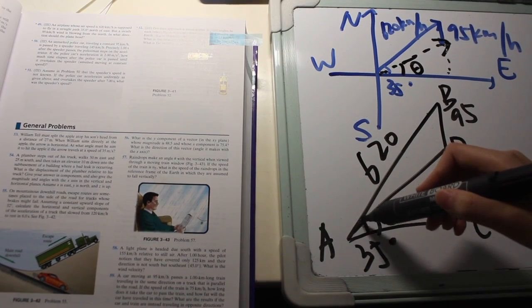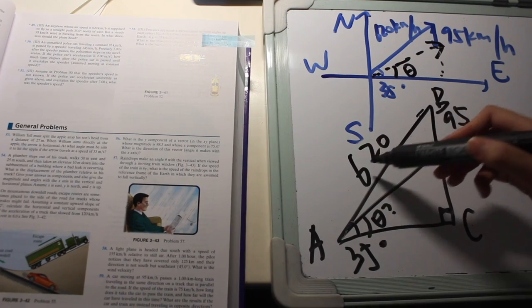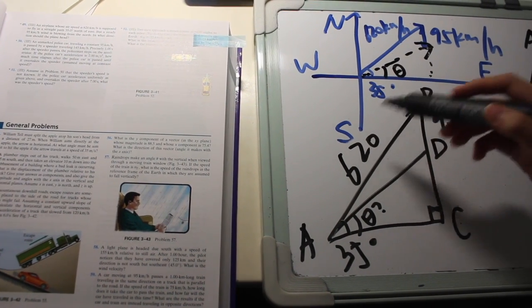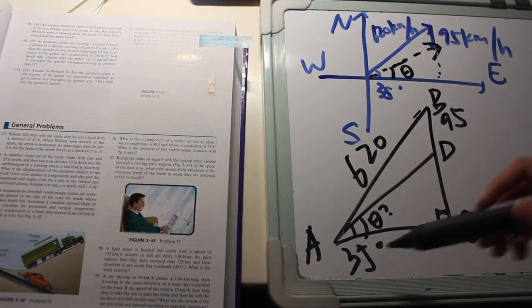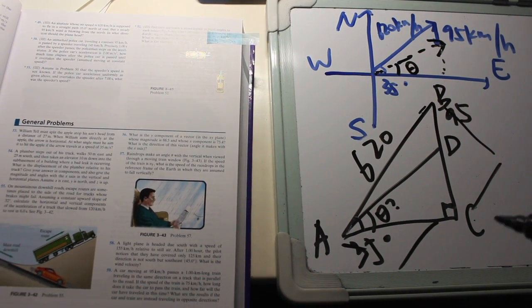We have an angle of 35 degrees. We have a number, 620. As a result, we can know AC and BC. That's amazing.